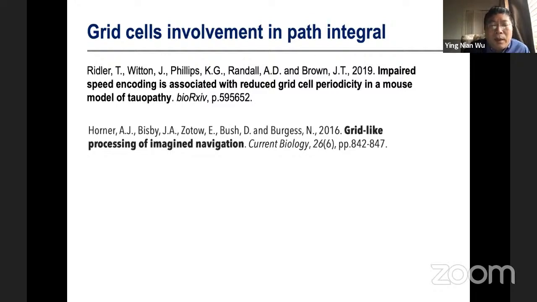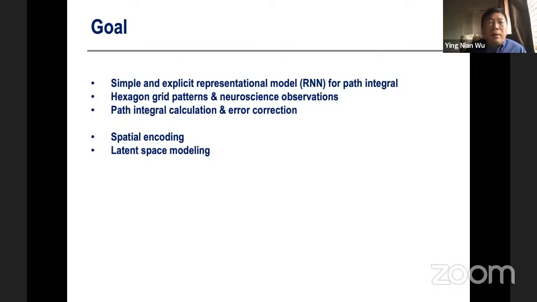Also, some experiments, I think fMRI experiments on humans, suggest that if you ask humans to imagine navigation, apparently the grid cells are activated. That means grid cells are also involved in path planning. Okay, so what we want is to find a simple and explicit representational model, for example a very simple recurrent neural network for path integral.